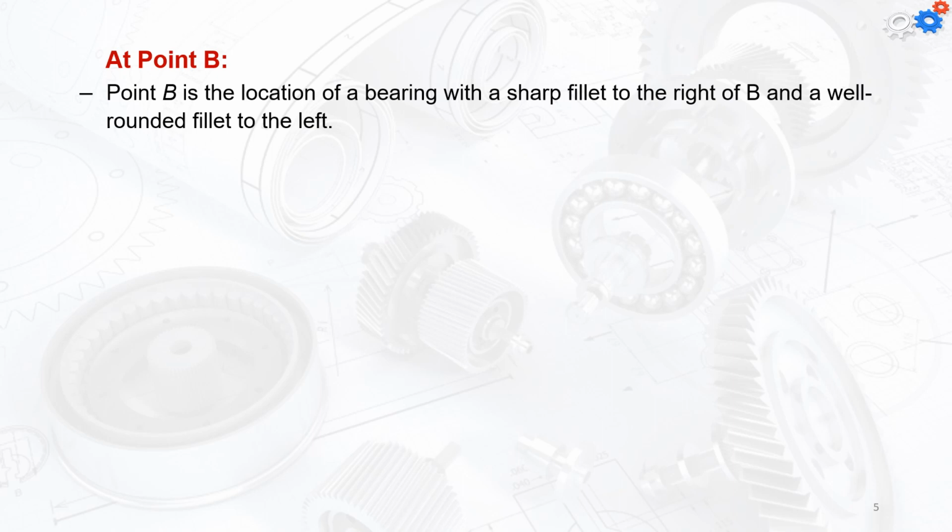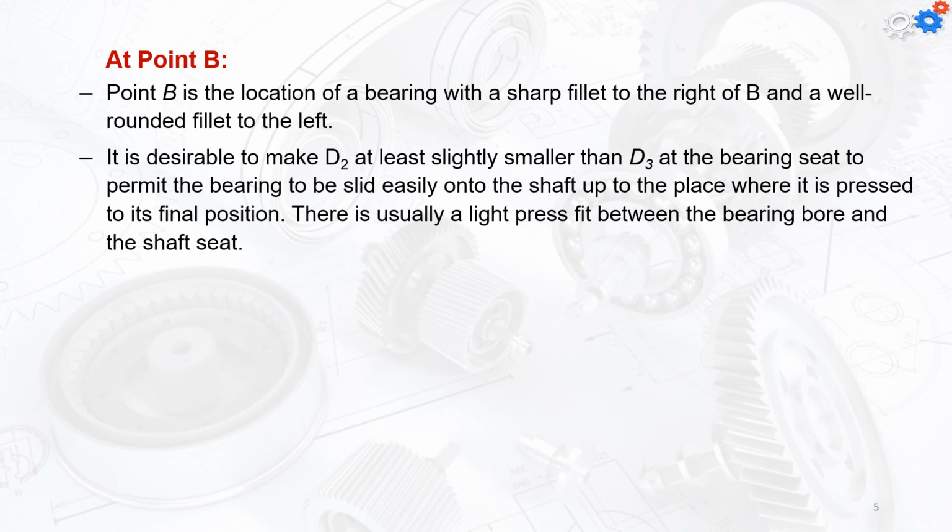Point B, the location of the bearing, with a sharp fillet to the right of the B and a well-rounded fillet to the left. It is desirable to make the D2 at least slightly smaller than the D3 at the bearing seat to permit the bearing to be slid easily onto the shaft up to the place where it's going to be pressed to its final position.